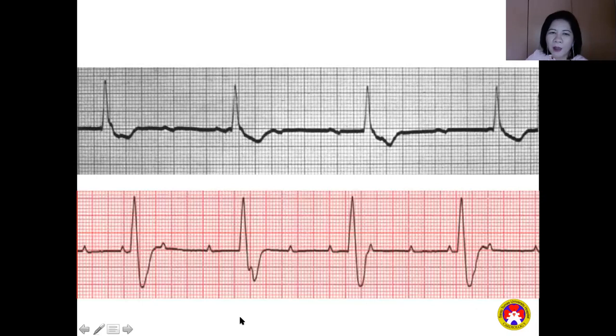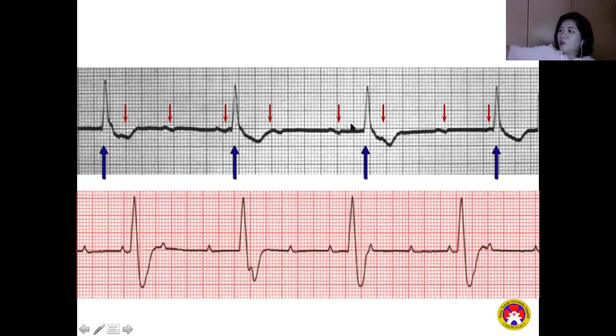So these are examples of complete heart block. In the first tracing, the red tells us where the P waves are found. The blue lines tell us our QRS complexes. So we see regularly occurring QRS complexes.